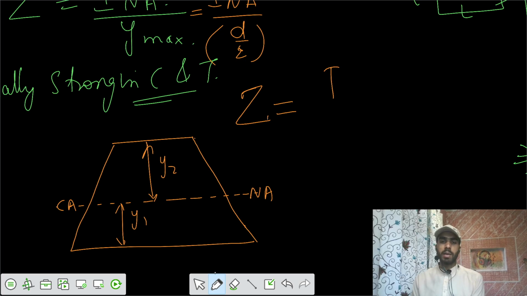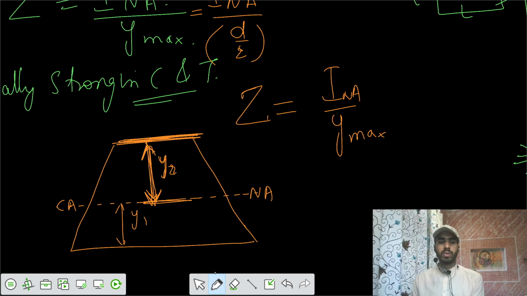That is I by y max. But I is about the neutral axis, and which of these is y max? Y2 should be y max, the distance of the extreme fiber from the neutral axis. So you can write I neutral axis by y2.